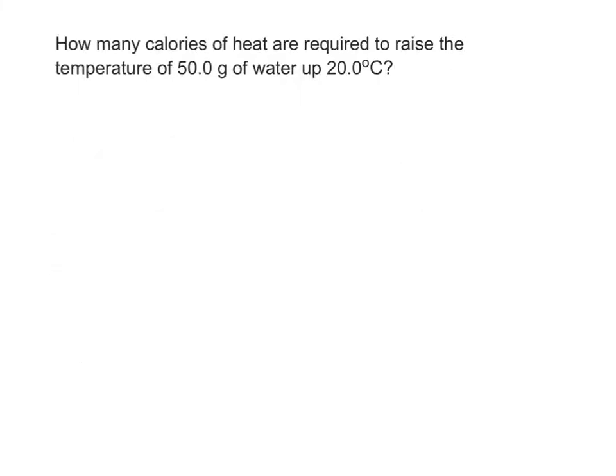Okay, so we have a question here that says, how many calories of heat are required to raise the temperature of 50 grams of water up 20 degrees Celsius? The first thing I do when I'm doing these problems is I figure out what each variable is represented by. So for instance, it says how many calories here.